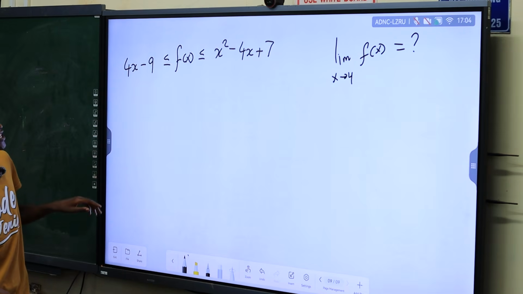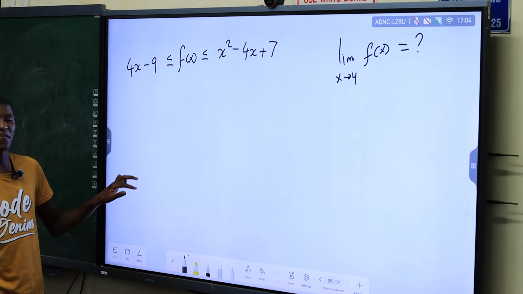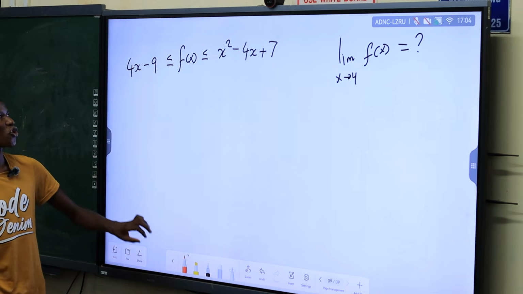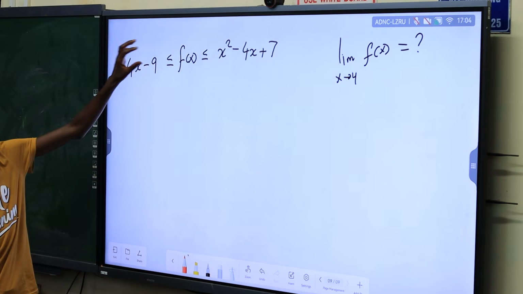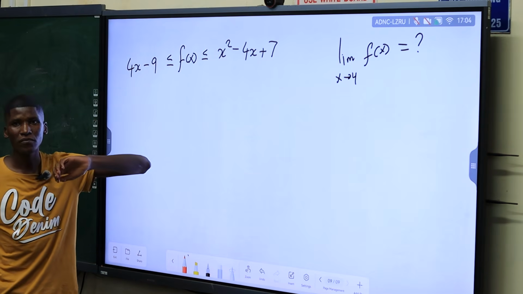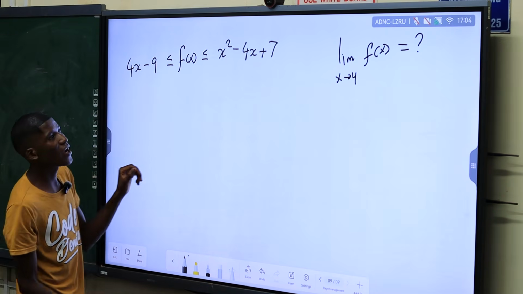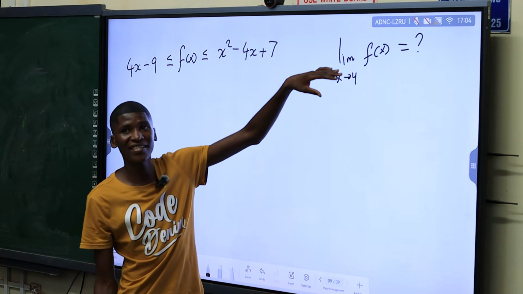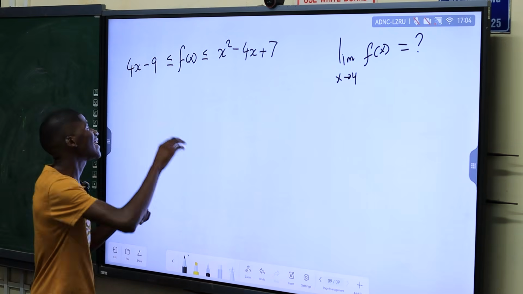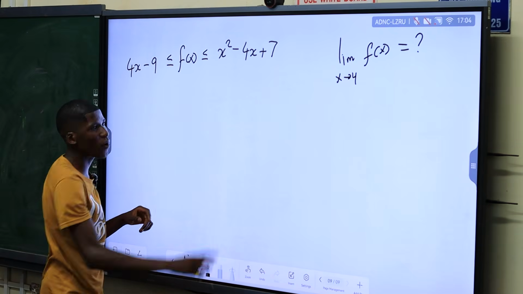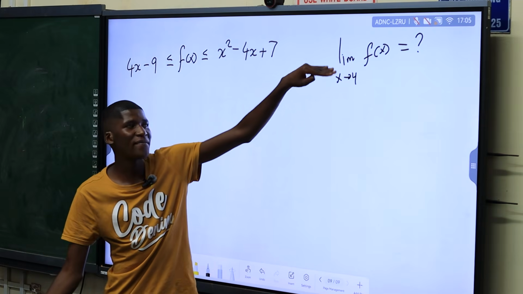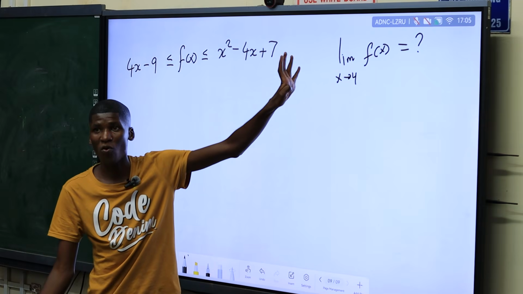In limits, we need to know that a limit distributes over an inequality sign. Since we are looking for the limit of f of x as x approaches 4, we should apply it to each and every term in the inequality.